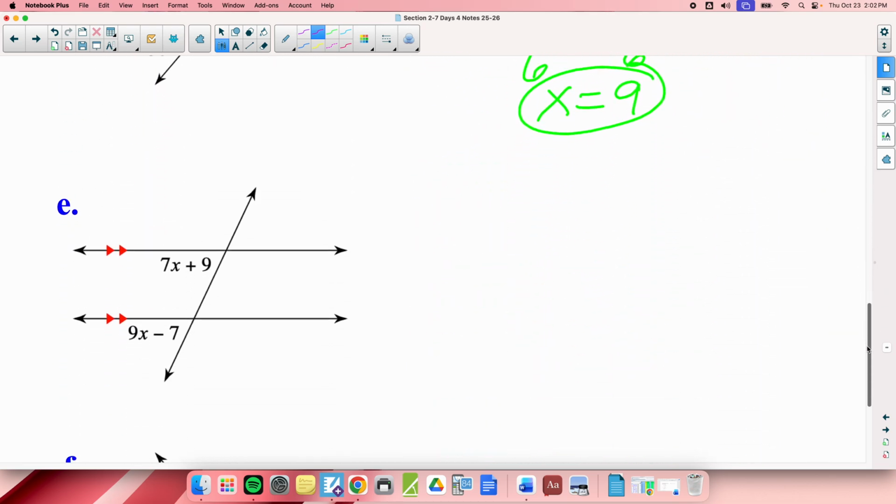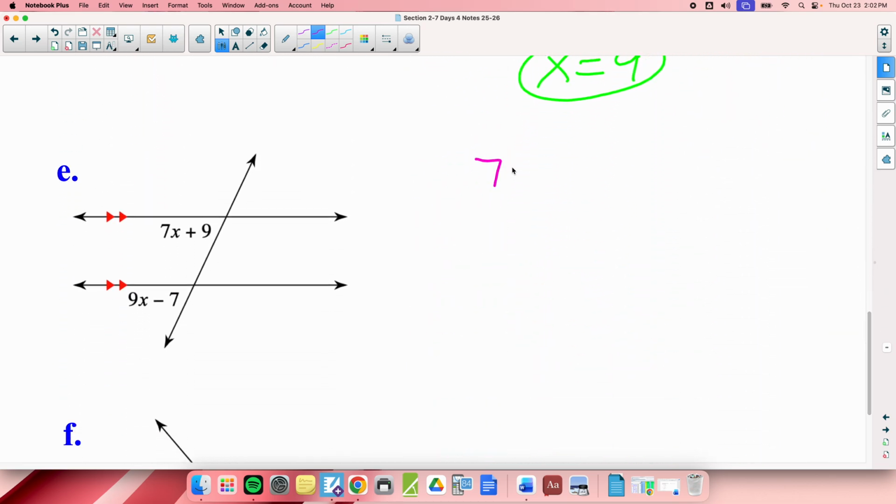Okay? So here's the deal. We would go 7x plus 9 equals 9x minus 7. Now when I'm doing a problem like this, I bring the smaller x over to the bigger. So what I would do is bring the 7x over by subtracting 7x.